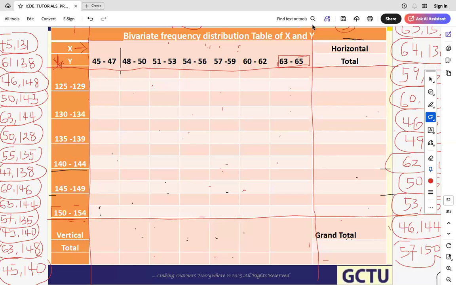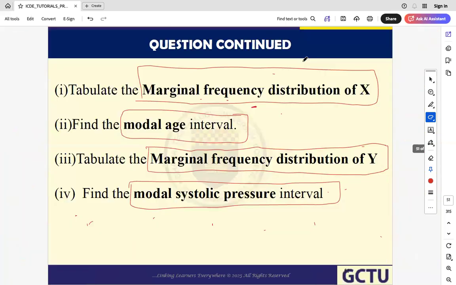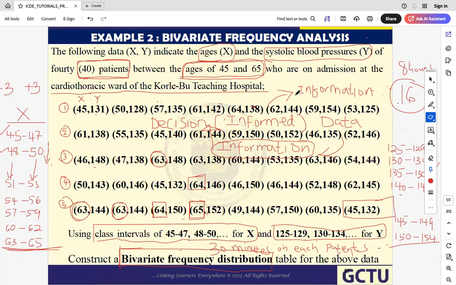Immediately you end, you draw your line, and then you record the next column as your horizontal total column. That's the last column after your last class interval for X. So we do same to Y.